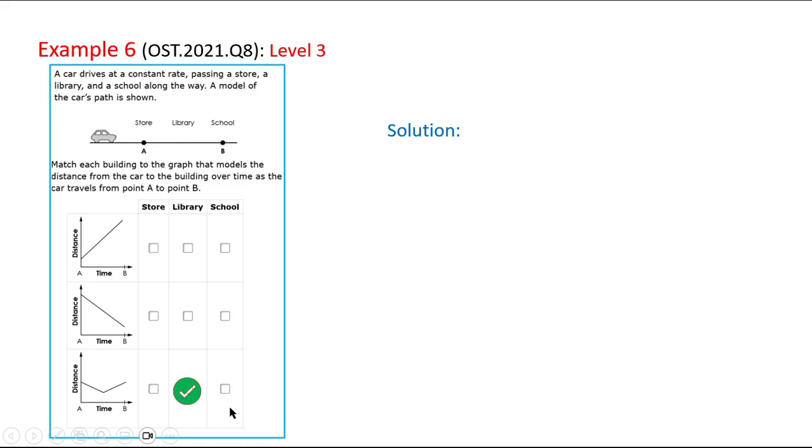That represents the library. This one here is decreasing. So your distance to the school is decreasing, right? The distance to the school is decreasing. So that's your choice here. From the store, when you are going away, your distance to the store is increasing.